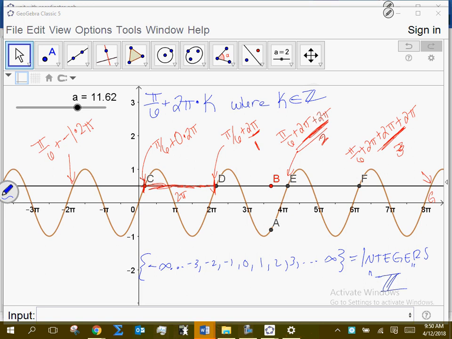So that is the formula that we write for expressing infinite solutions. Okay?